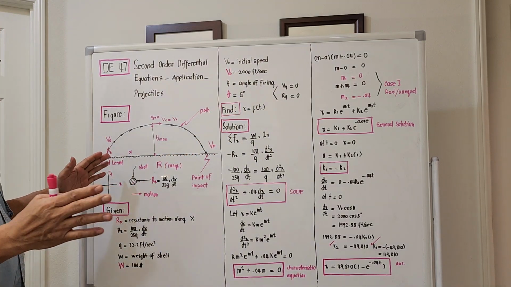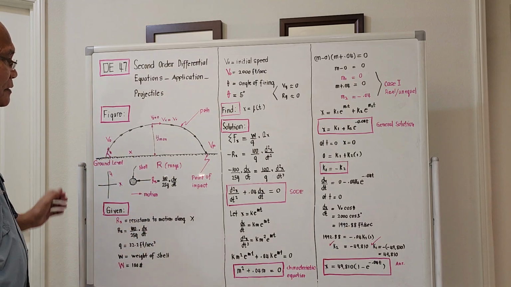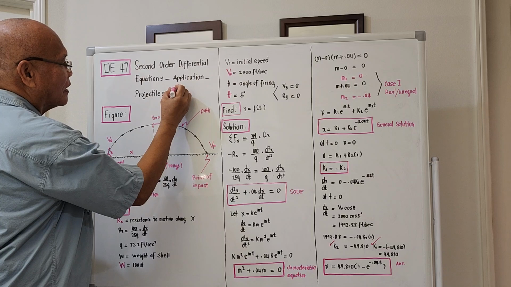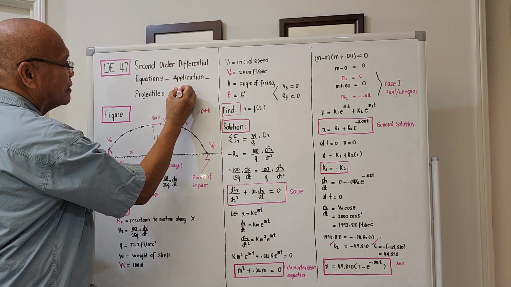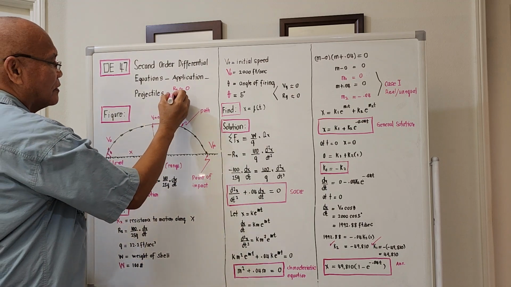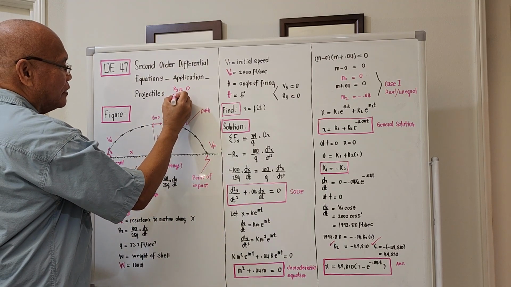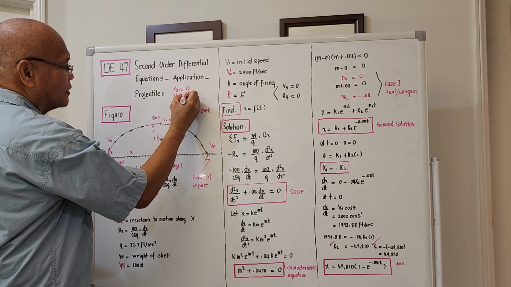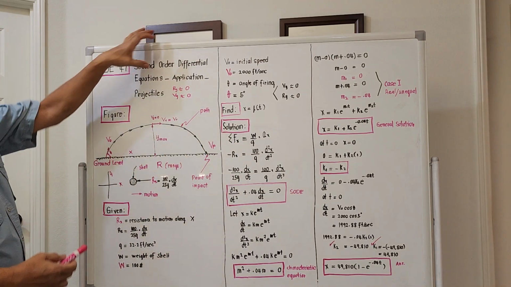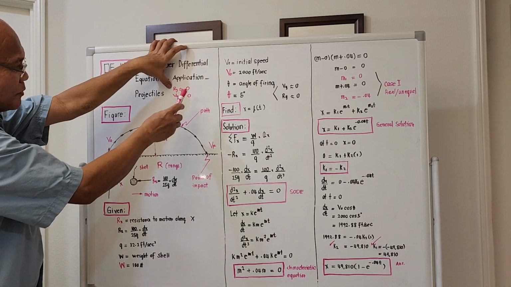The condition of the problem is Ry is approximately 0, and By is also approximately equal to 0. Meaning the effect of the resistance along the y-axis is almost 0.